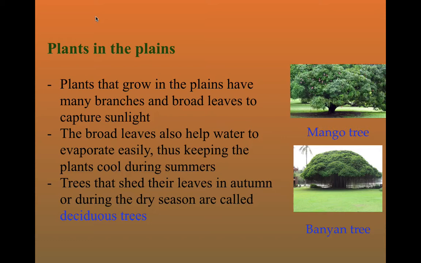Most trees have thick barks and shed their leaves in autumn and grow new leaves in the spring. Some trees shed their leaves during the dry summer months. New leaves grow during the rainy season. Trees that shed their leaves in autumn or during the dry season are called deciduous trees. Example, banyan, mango and neem.